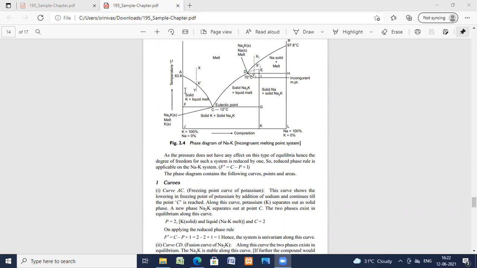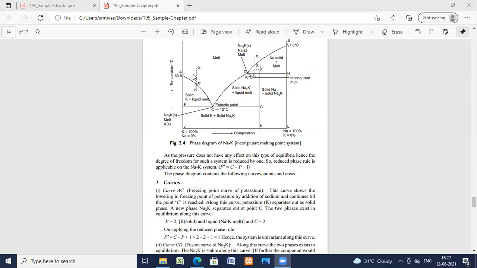AC curve is the fusion curve of potassium. Potassium is getting fused here. The combination is liquid plus potassium. This curve shows lowering in the freezing point of potassium by addition of sodium, and it continues till the point C is reached.